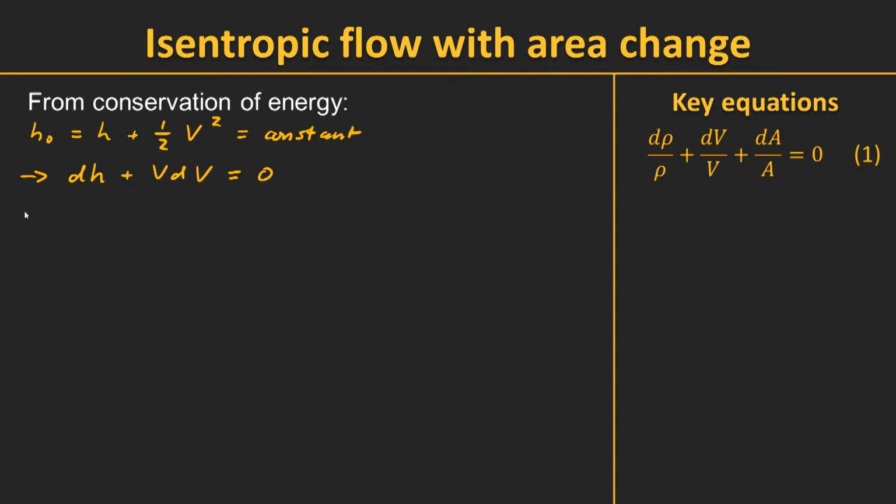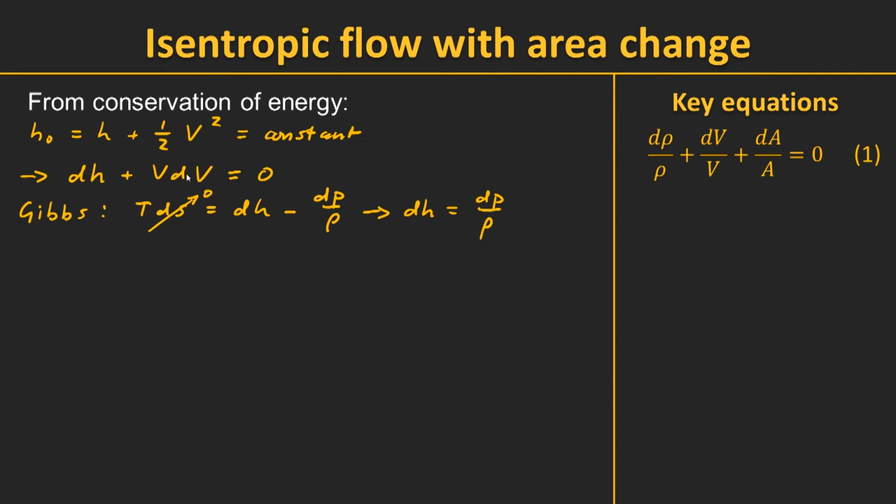Now we're going to make use of an intermediate result that we got when we were deriving the isentropic flow relations. This was first derived by Gibbs, and he found that T ds is equal to dh minus dP over ρ. Because we're dealing with an isentropic flow in this case, ds is going to be equal to 0, and this just tells us that the change in enthalpy, dh, is equal to dP over ρ.